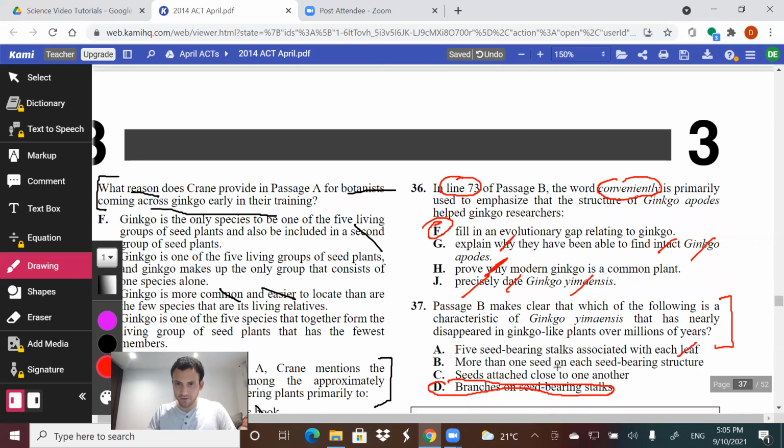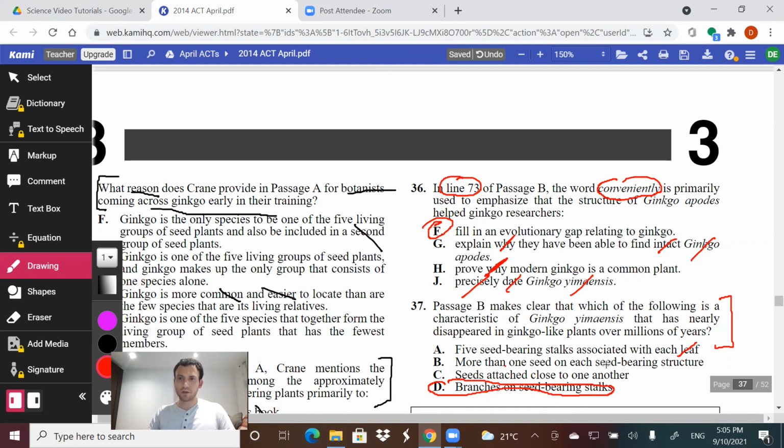Nothing about each leaf. It's always kind of been so. I'm just looking. Passage B makes clear that which of the following is a characteristic of the ancient ones that has nearly disappeared.